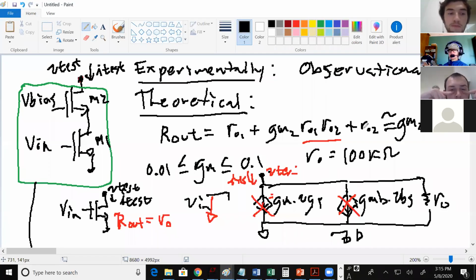The center term. If this is 10 to the 5th, this is going to be 10 to the 10th, maybe divided by 10 or maybe 100. And these are just going to be 10 to the 5th. So this term is definitely going to be bigger. So for MOSFETs, if you cascode and you look at this node right here, it looks like a resistor of something on the order of 10 to the 5th.